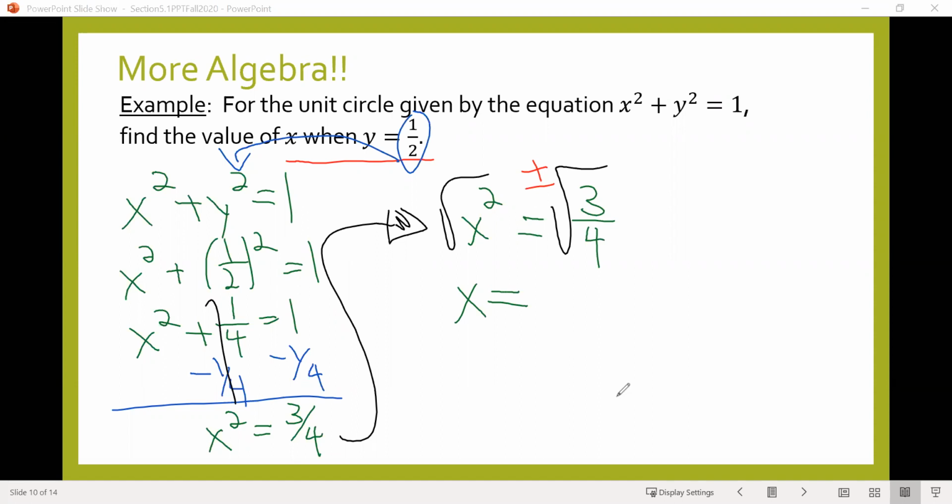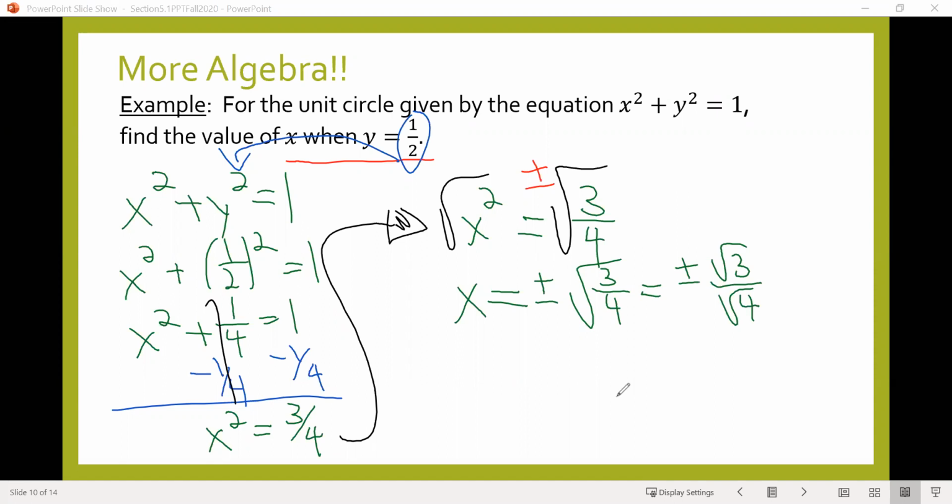So we have plus or minus square root of 3/4, which now we're going to do a little bit of simplifying with this. So when we're taking the square root of a fraction, we can actually break this into two parts. So we can make this plus or minus the square root of the top, which is square root of 3, over the square root of the bottom, which would become square root of 4.